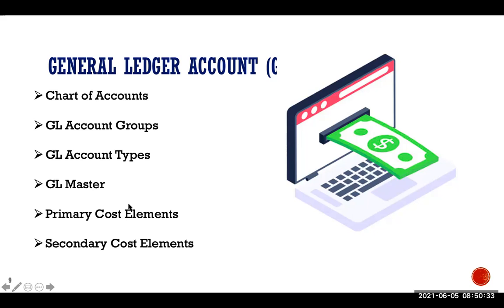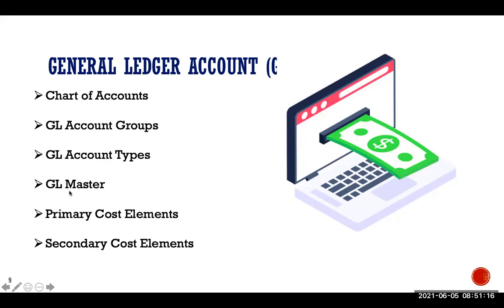When I'm talking about controlling, finance and controlling, that is what we are going to learn. Finance is using the GL account, and the same thing is used in controlling, internal management reporting. We call it a cost element. When it comes to the cost element, there are two kinds of cost elements. Here you have group, type, all those things for master data of GL. When it comes to the internal side, the same GL account is called a cost element, but there are two different kinds. One is operating GLs.